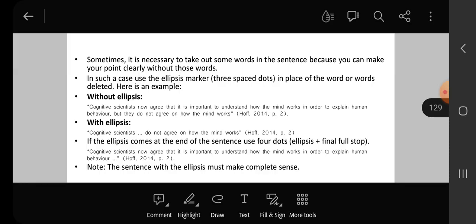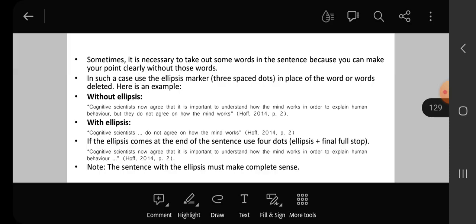It could be that the argument I'm making needs just a point to buttress it, that the cognitive scientists do not agree on how the mind works. So this is the only important information. But you could see that at the beginning I brought some words which are not necessary. The only words I need here are that they do not agree on how the mind works.